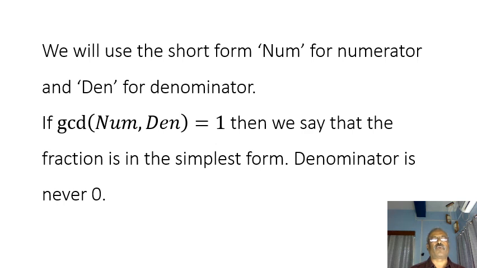If for a fraction, the GCD of numerator and denominator equals 1, then we say that the fraction is in the simplest form. Denominator is never 0.